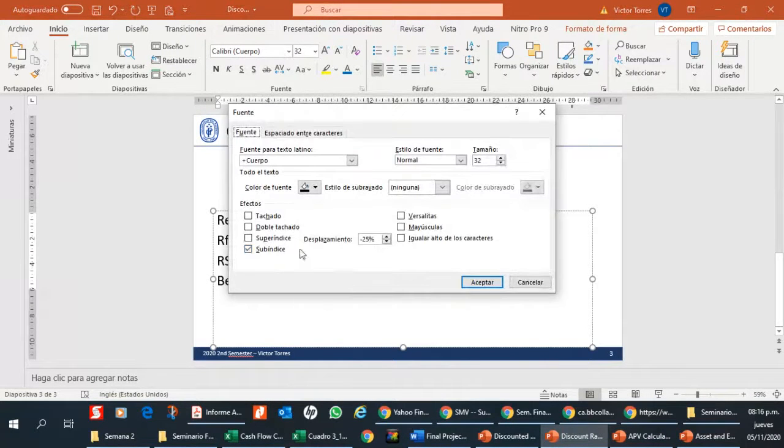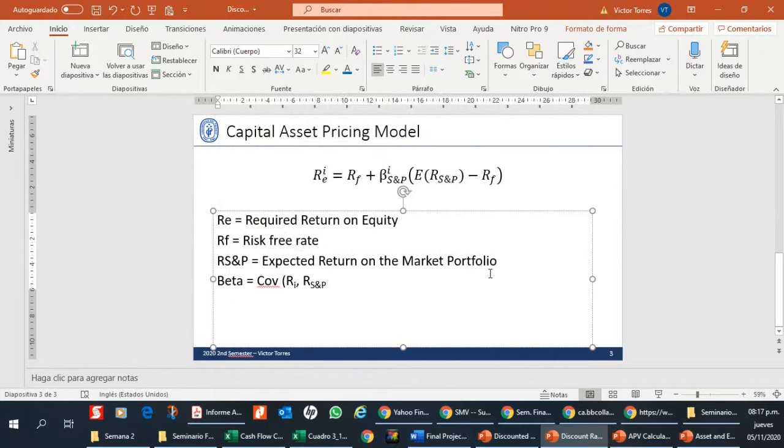Let's eliminate the subindex once again. We're gonna divide by the variance, right, of this element that I have over here, right? And that's basically what we're gonna try to estimate. And logically, you can do that if you have enough information, right, about your company. So if your company is trading in the market, right, you're probably going to be capable of doing this estimation that I'm saying, right?